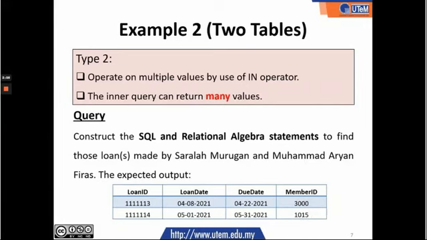Member name is in the member table. So this query involves a relationship between two tables, member and loan tables, with a common attribute or column name, member ID. Let's look at an SQL statement for this situation.